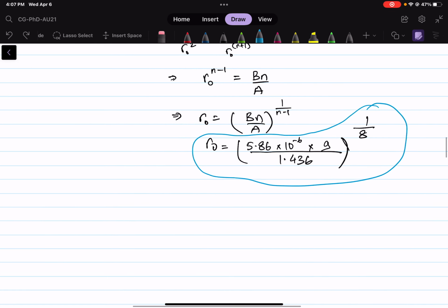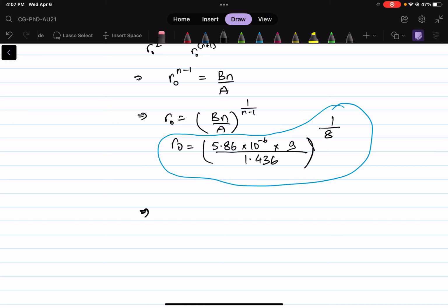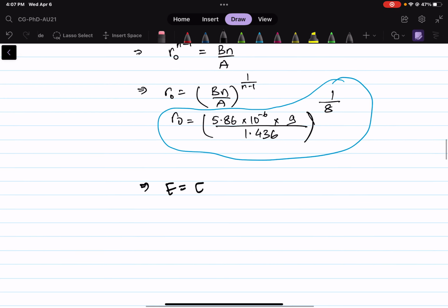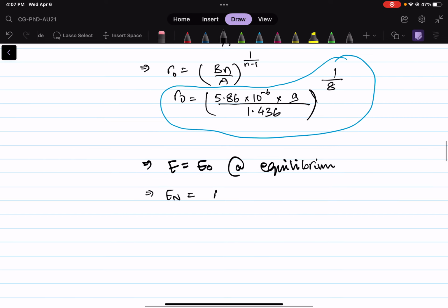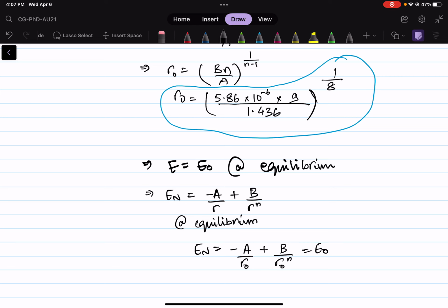And from here, because you know R naught, you also know that E equals to E naught at equilibrium. Therefore, you can take that expression of En, minus A over R plus B over R to the power N, and at equilibrium, you know that En would just be minus A over R naught plus B over R naught to the power N, which will be equal to E naught.